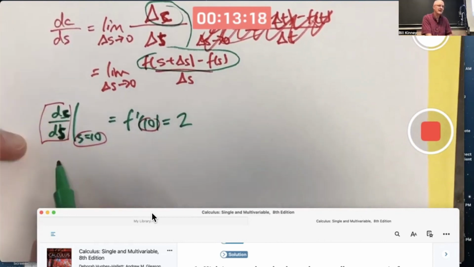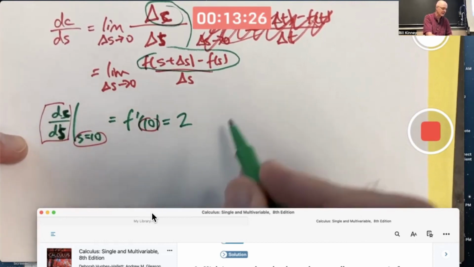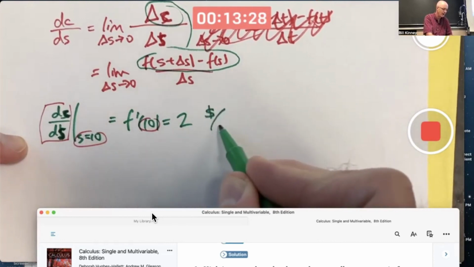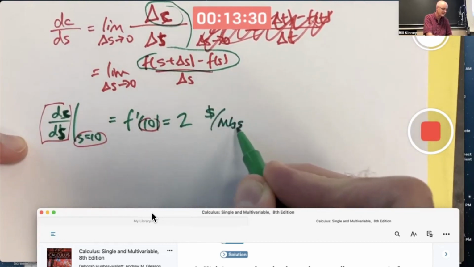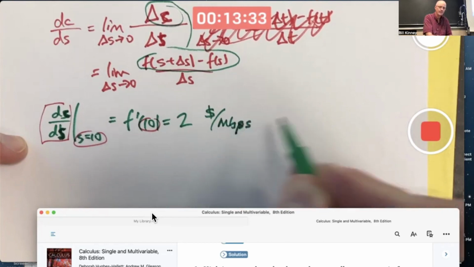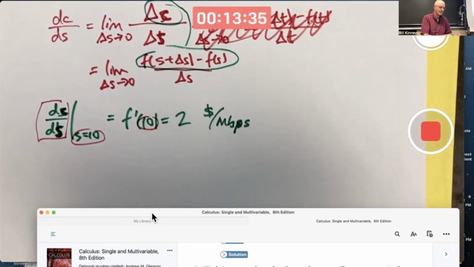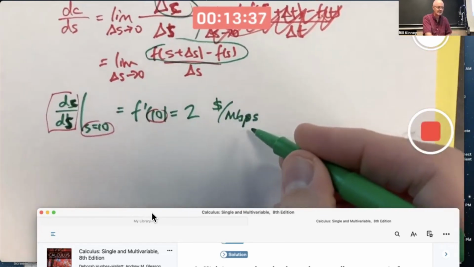Units of c per unit of s. Dollars per megabyte per second. And that's the units of the number. This is in dollars per megabyte per second, abbreviated Mbps.